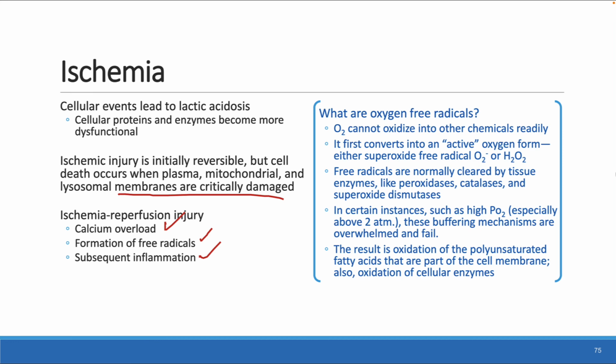This oxygen toxicity happens because the polyunsaturated fatty acids that are part of all the cell membranes become oxidized, and that causes cellular damage.